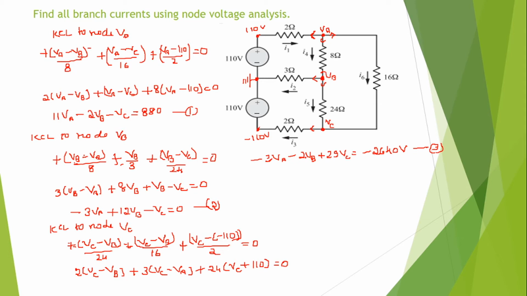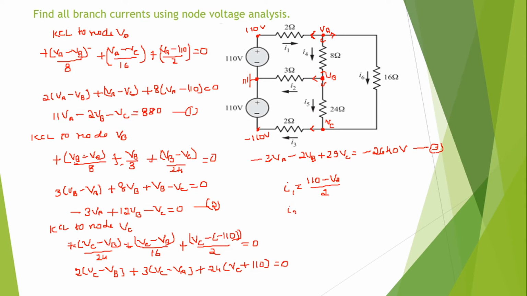Based on this, calculate I1, I2, I3, I4. So now I1, the current flow direction is in this direction. So I1 is equal to (110 minus VA) by 2.